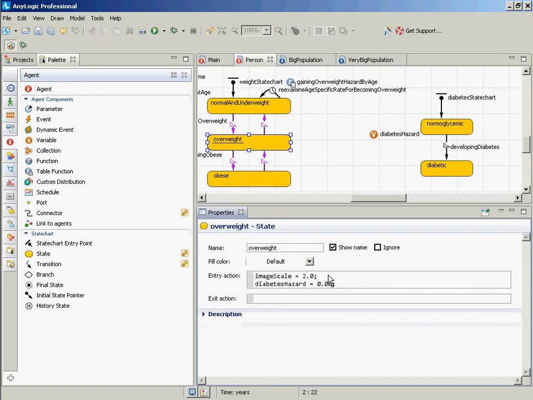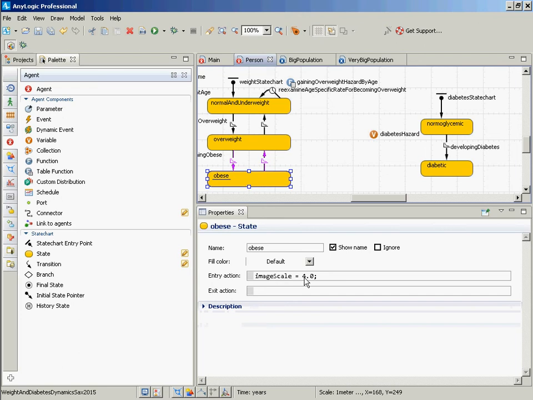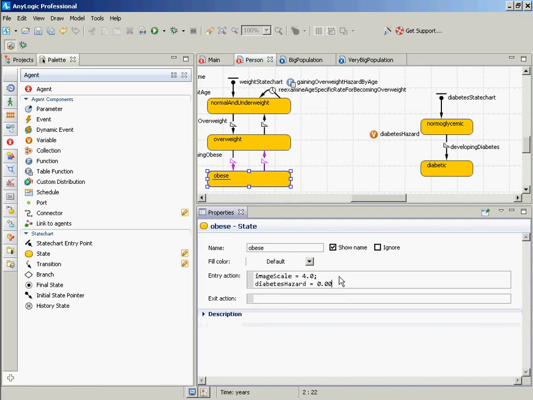And in an obese state, maybe they'll have a 0.07 chance per year of developing diabetes. The value is actually continuous, and there's a log component if you want to understand the actual chance as a probability on a year by year basis.